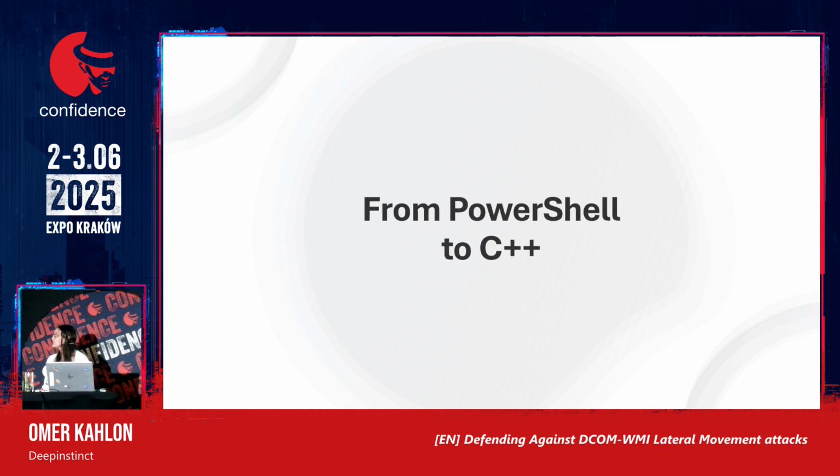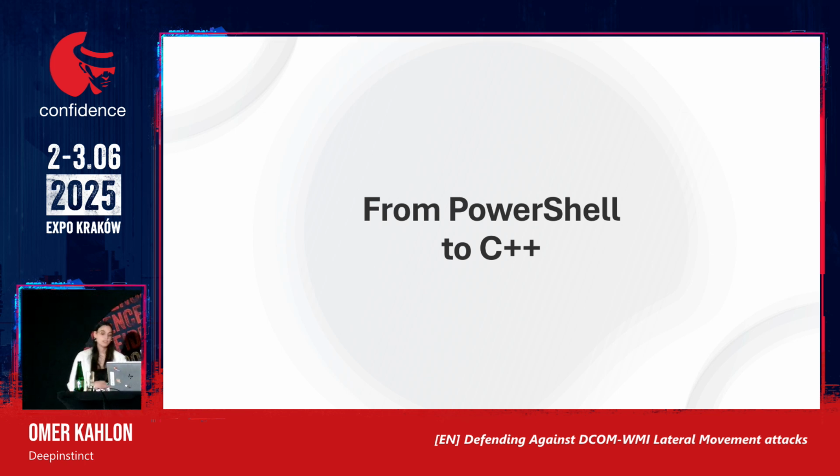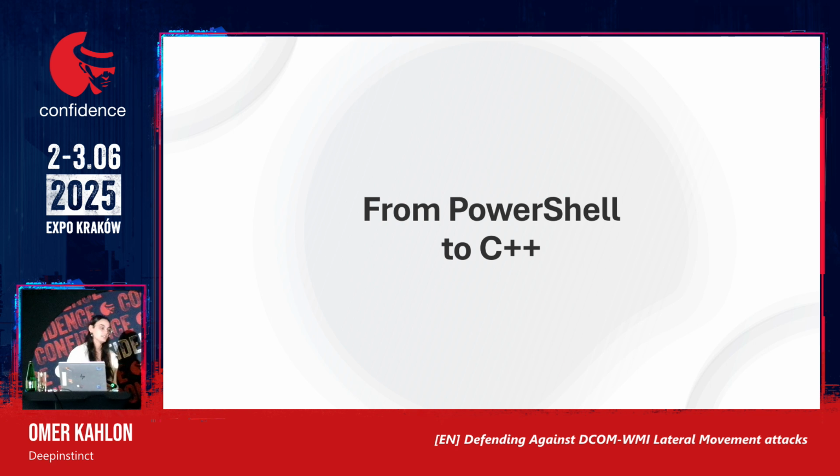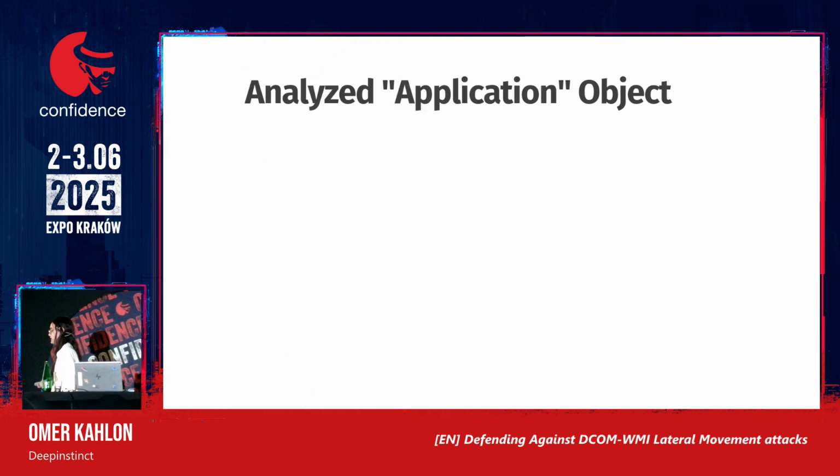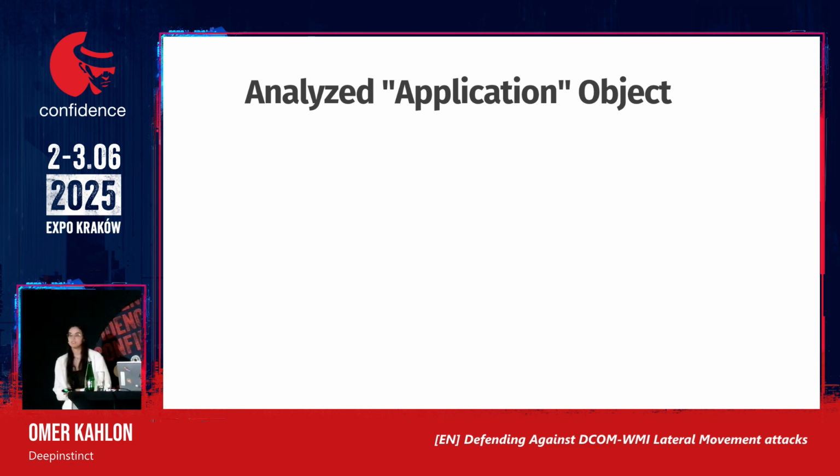Most of the DCOM lateral movement attempts that are available to the public are implemented using PowerShell or .NET, and this is also the case with our PowerShell script. I want to convert the PowerShell script into CPP.